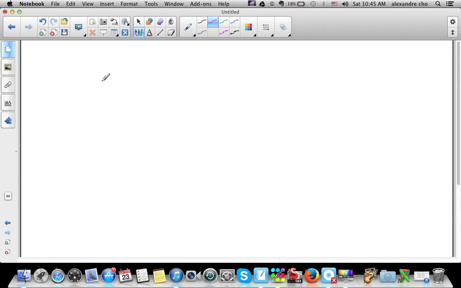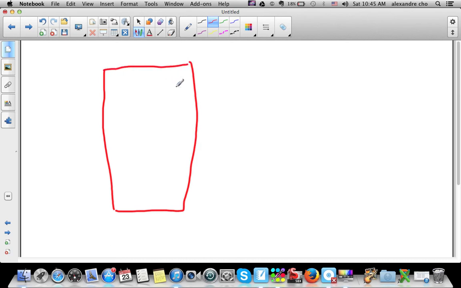Question 6, another large container. Okay, so let's see if I can draw this even better. Here's a container, or a barrel, and it is currently filled with 3/12 of water.